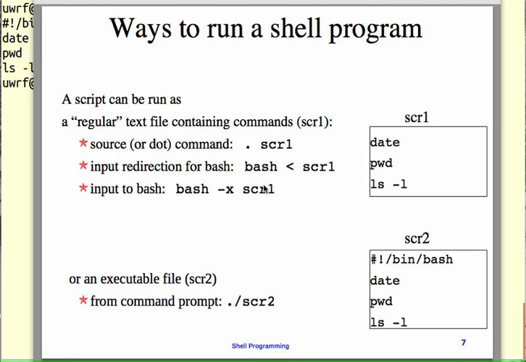And we saw also that the preferred way of setting up scripts is this last way, by having the first line of the script tell the operating system that this file should be interpreted by /bin/bash. This is just telling the system that this is the interpreter that's going to execute these commands. And that's what you want to do for the rest of this semester. All your scripts should look like this.